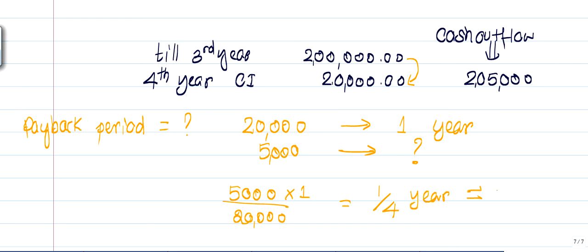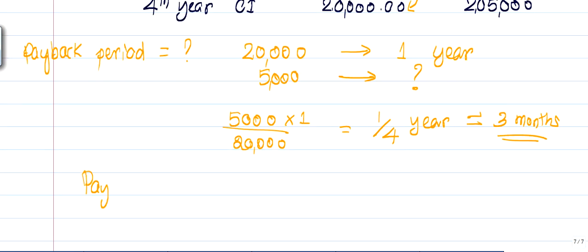This can be converted into 3 months. So your payback period will be 3 years plus 3 months.